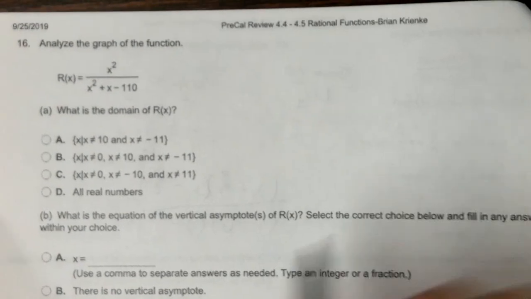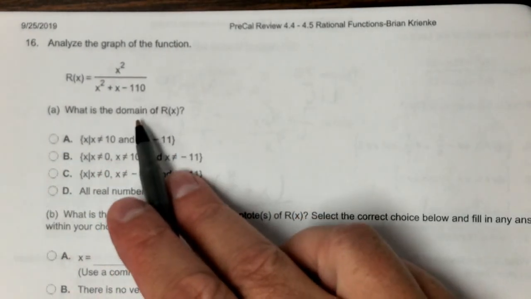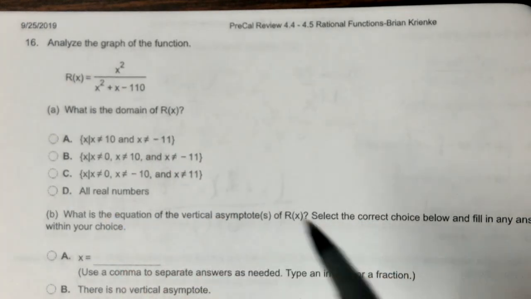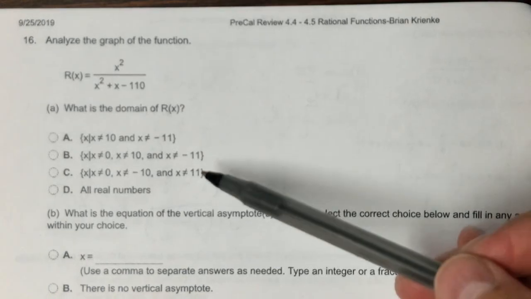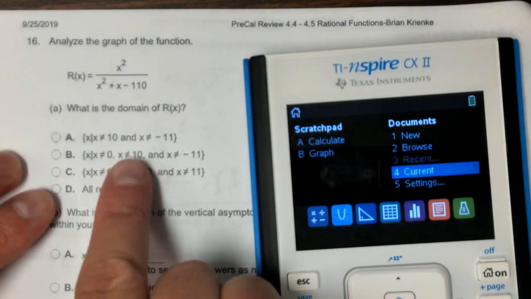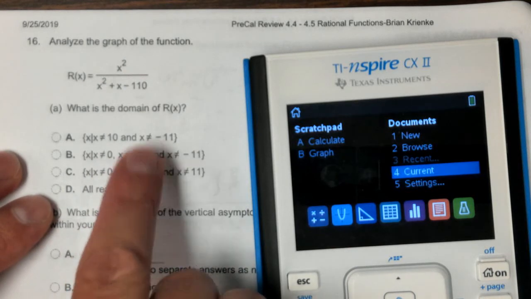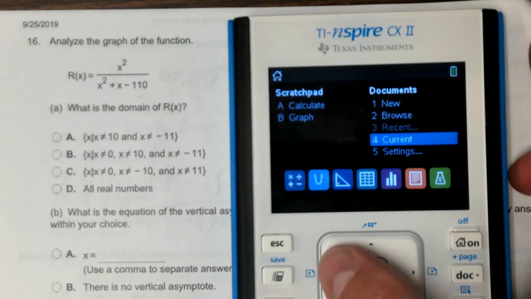Okay, 16. This one, the domain of this, it's basically telling you it's either going to be with 10 or negative 10 and negative 11 or 11 and possibly 0.